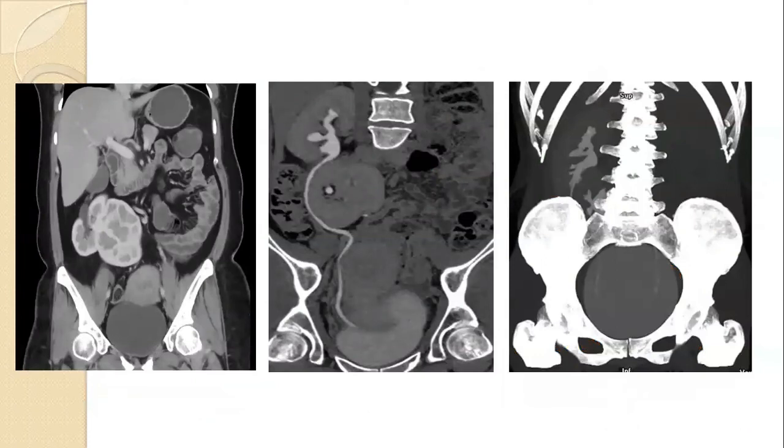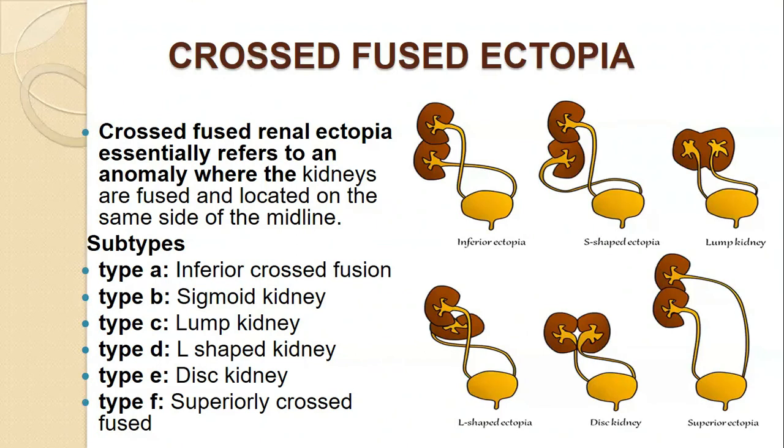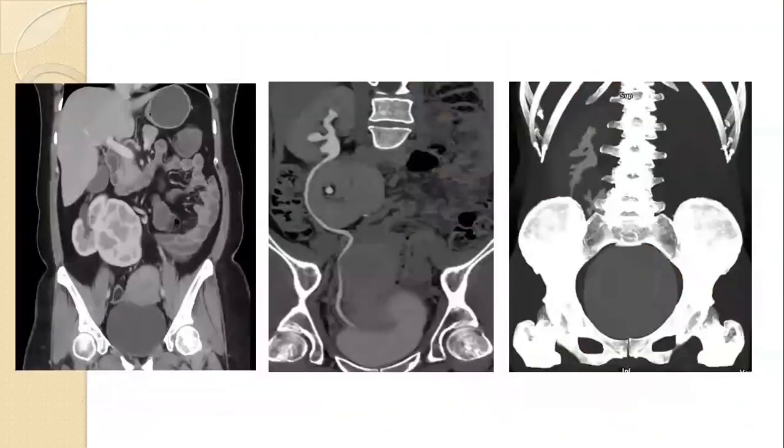Now tell me, which type does this one belong to? Dr. Shreechand, can you comment on this? Lump one. Yes.